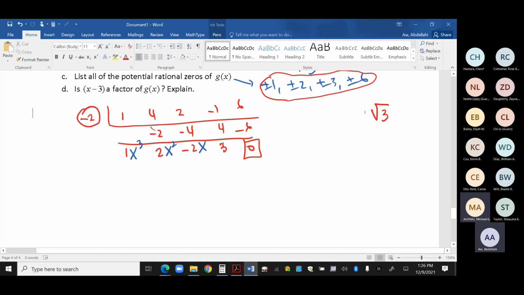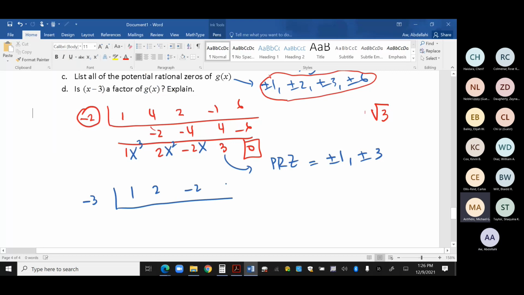Now, what are the PRZs for this one? You see, now I have fewer PRZs. The new one has fewer PRZs: ±1, ±3. You see? Now, let me check -3. I put -3 here. I put 1, 2, -2, you know, and then I put 3 here.